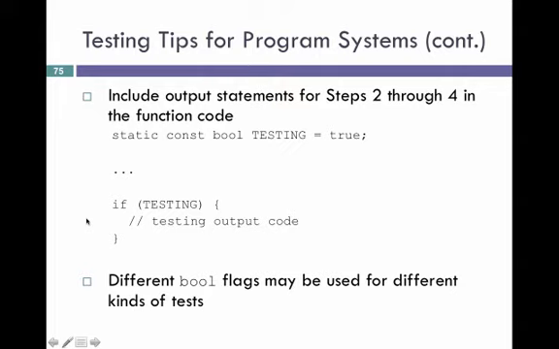That was a slightly more efficient way of doing it for a system that I worked on where they wanted very high performance when they were out of test mode. So you can have different Boolean flags for different kinds of tests. Or in a system I worked on in industry, we had different levels of debugging. Depending on the level, you could get just occasional general output, or you could up the level and get very detailed, dense output and information.